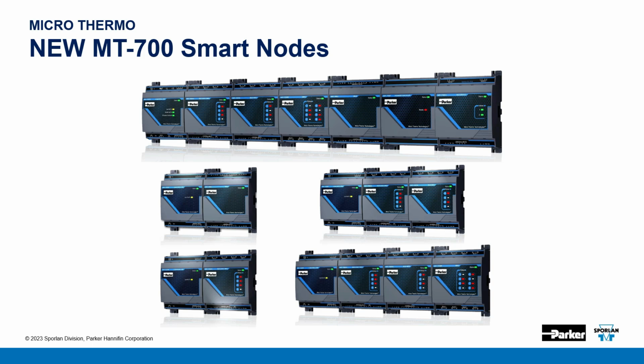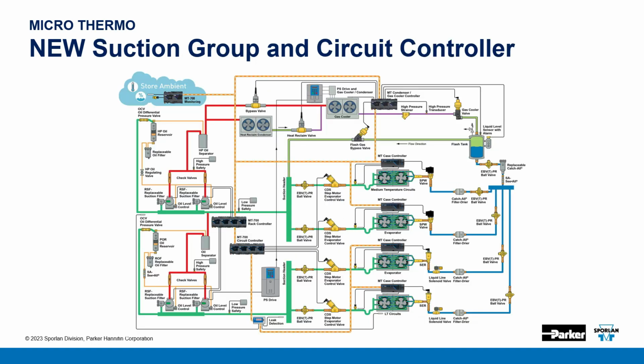It is so powerful that you can then add another 10 nodes to that train for a maximum of 11 smart nodes all on one train. It makes it much more flexible, much more powerful, and yet it reduces the cost of the hardware and the space needed for the installation of the hardware.